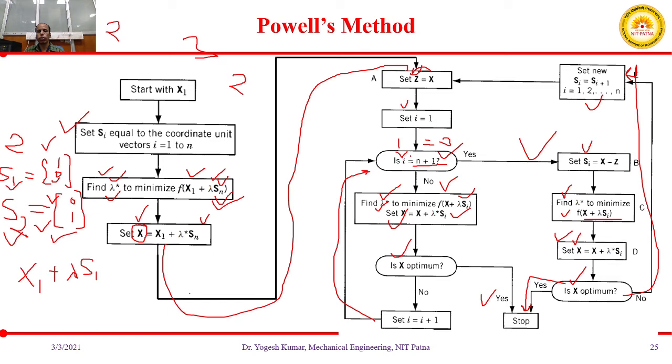Initially your I was equal to 1. If your x is not optimum, then you are again optimizing.